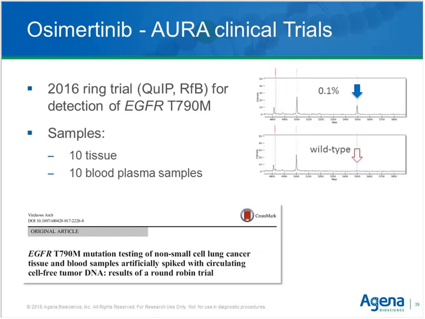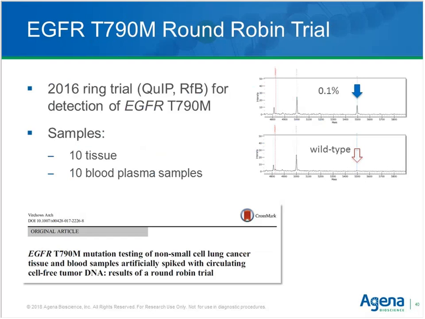So the relevance of that T790M marker led a couple of authorities and activities to have pathology labs show that they are able, with their technology, to detect that marker T790M.